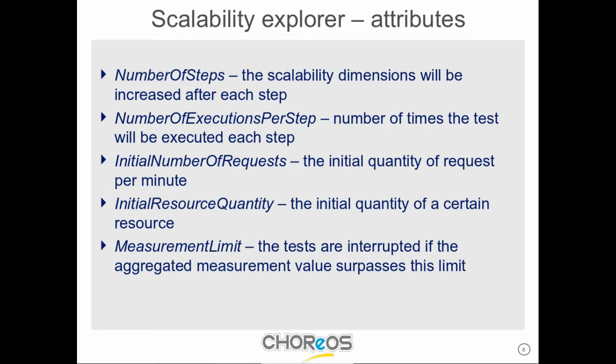Then there are some certain attributes that the programmer must define. The number of steps that will be performed in the experiment, the number of executions per step, for example, the number of times the test will be executed in each step, the initial number of requests per minute that will start the experiment, the initial resource quantity that we will use, and for example, we can have a measurement limit that will define when the test will finalize, because we can define that we want to test if we meet a certain SLA.